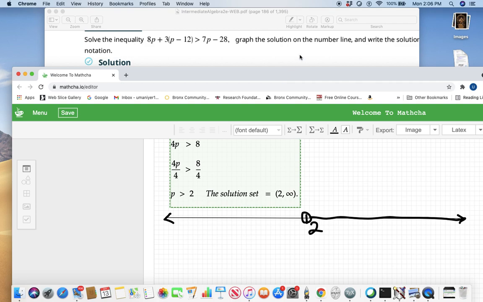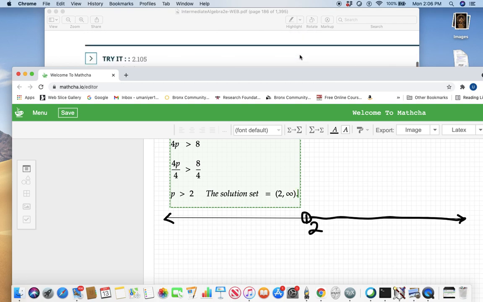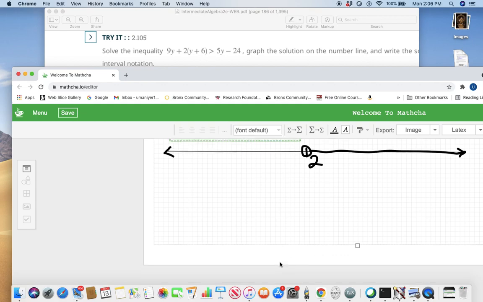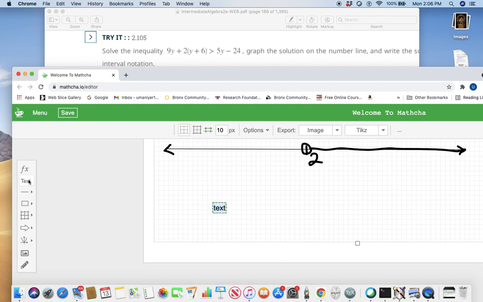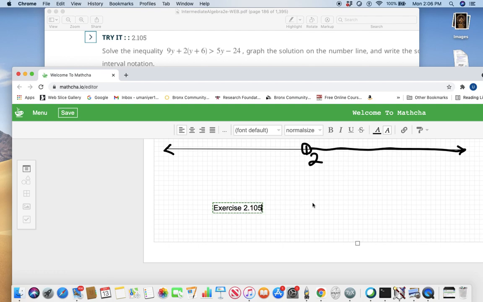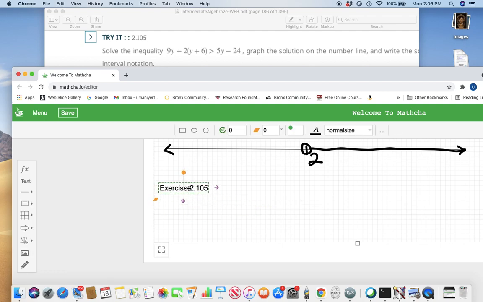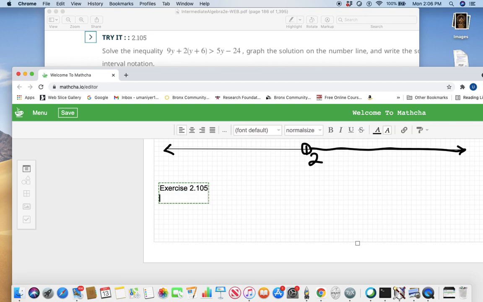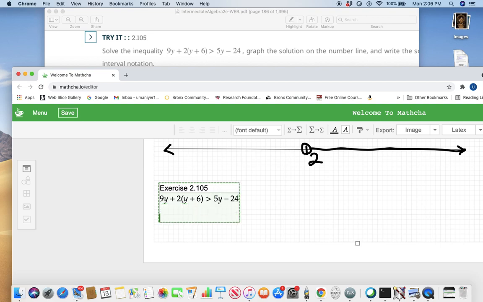Okay, let's do a similar problem, 2.105. What's the question? Same thing. Solve this inequality. 9y plus 2 times (y plus 6) greater than 5y minus 24.